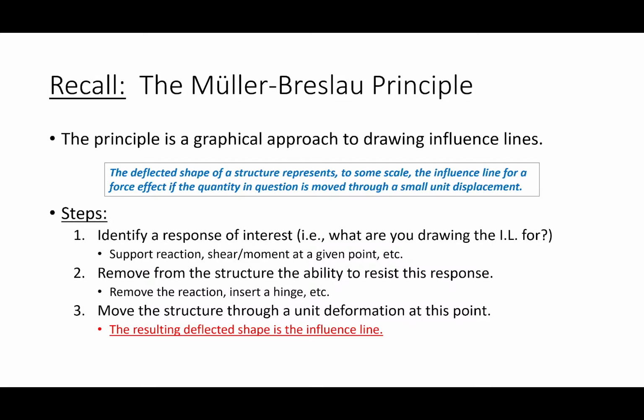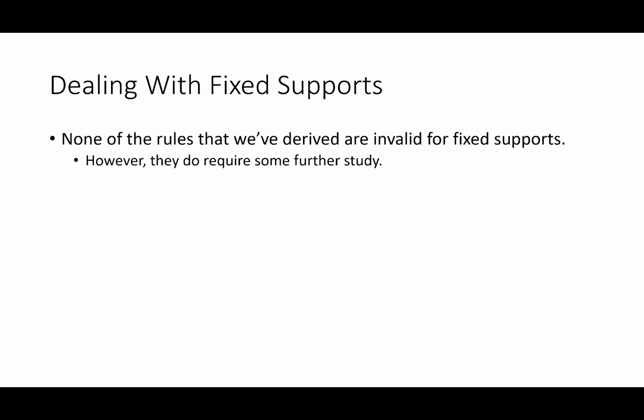I would argue that today, more than Monday and Wednesday, that base definition of an influence line, where we're moving the load across the structure, is more important as a gut check, to make sure you understand what we're doing and why. We are still removing from the structure the ability to resist that response, and we are moving that structure through a unit deformation.